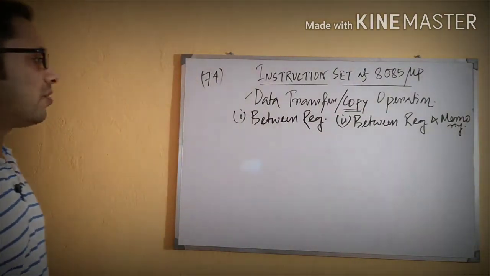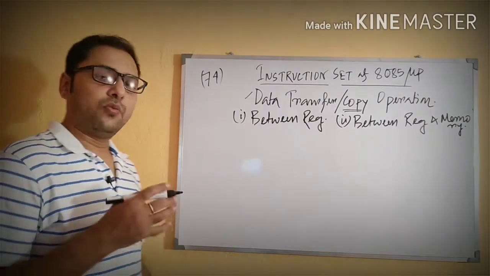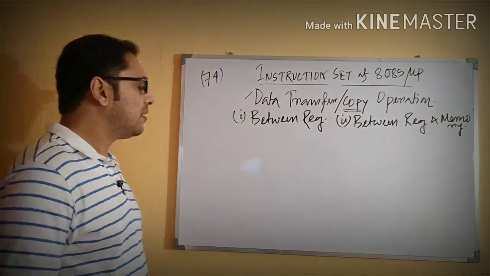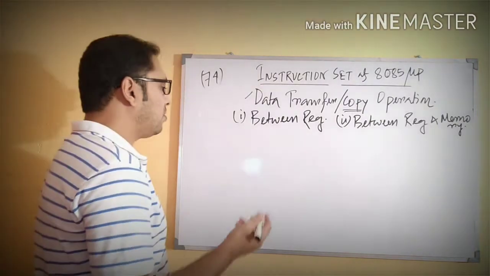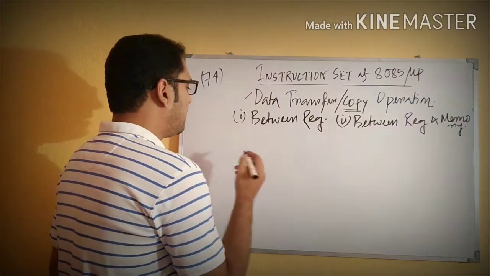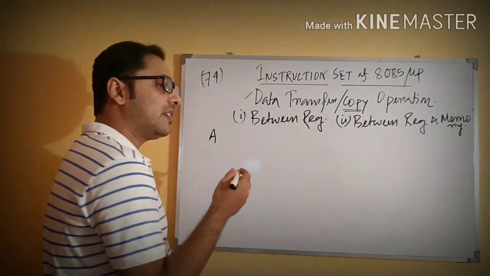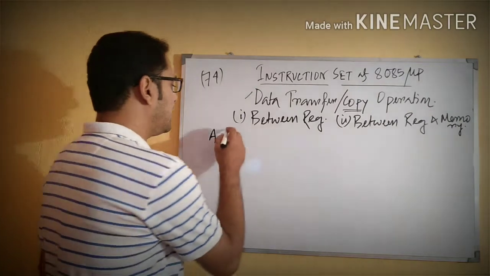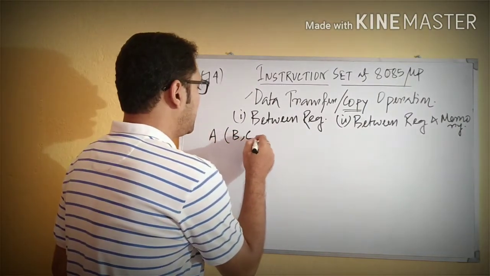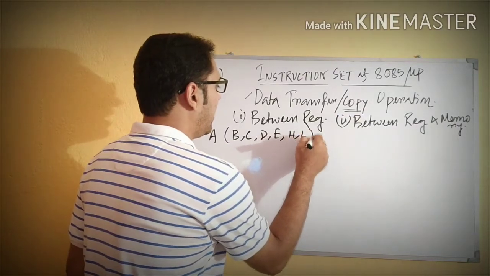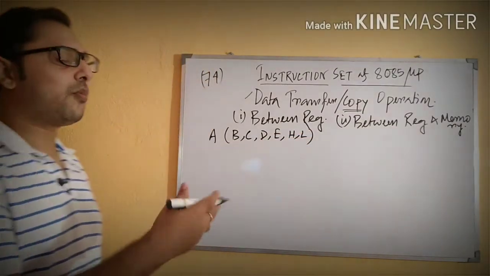Now when I am talking about registers, then I assume that we already have the knowledge about the registers of 8085. So that means we have register A, that is accumulator, and we have some general purpose registers, that is B, C, D, E, H and L. Then we have stack pointer and program counter.